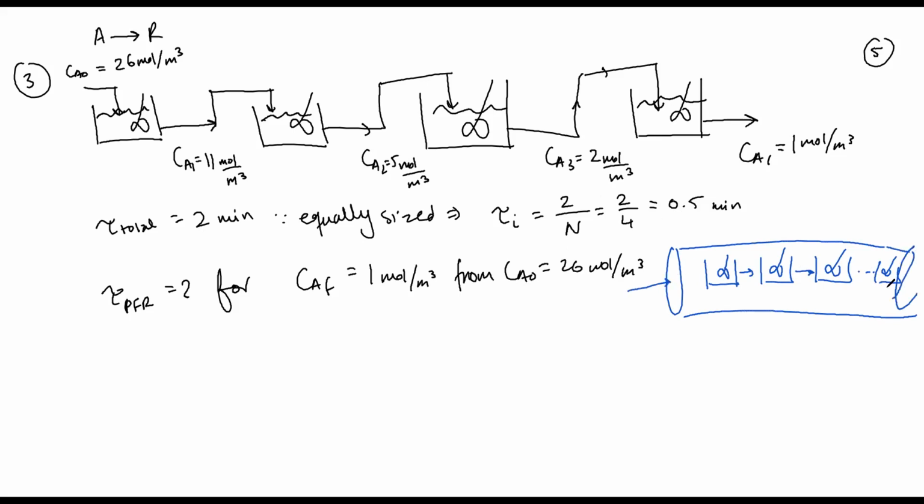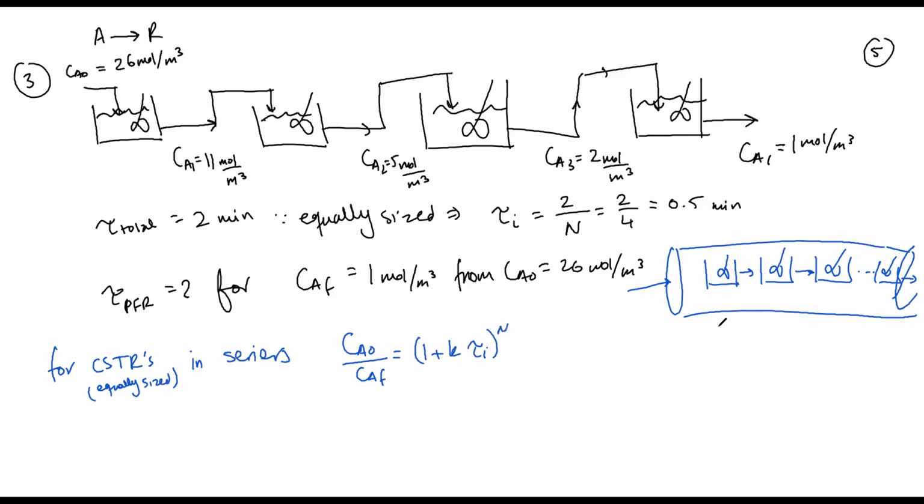The first equation in these slides is for equally sized CSTRs in series: CA0 over CAF is equal to 1 plus K tau i to the power n.